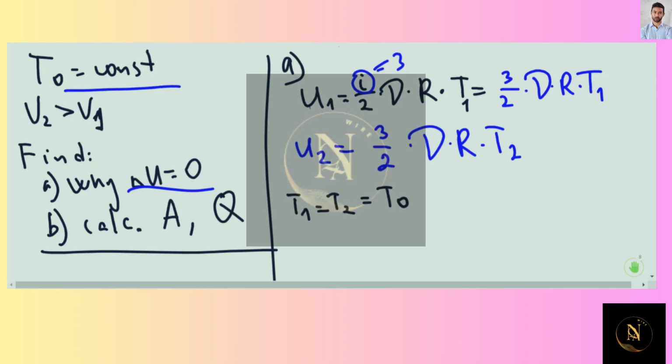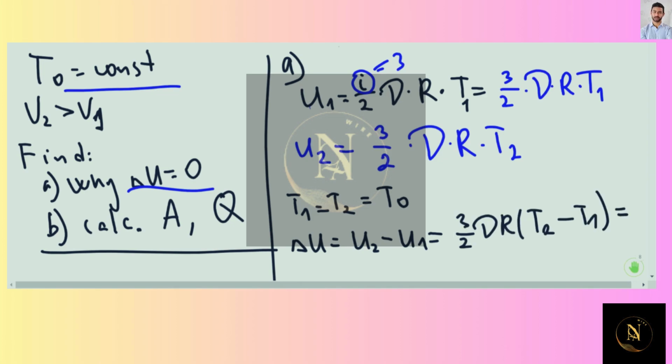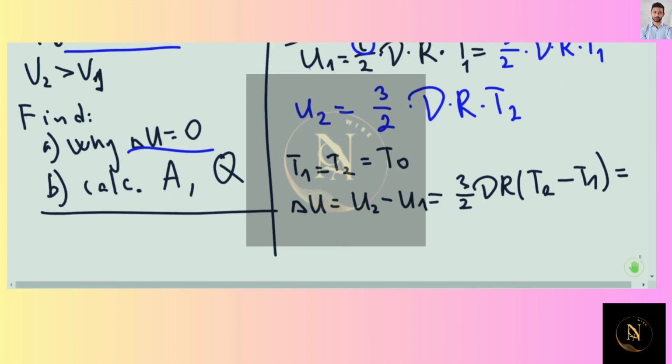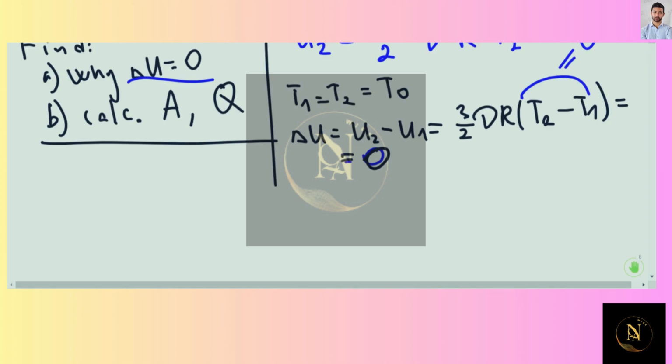So therefore delta U, change of the internal energy, equals U2 minus U1, or 3 over 2 nu R multiplied by the difference in temperatures. Both temperatures are the same, therefore this equals 0, and therefore the total change of the internal energy is 0, as we had to prove. Now let's answer question B.